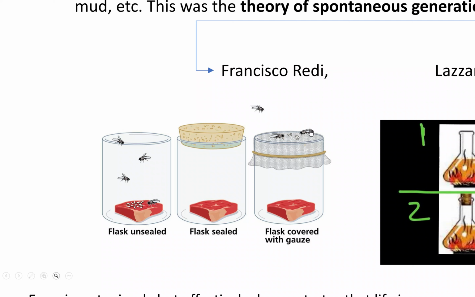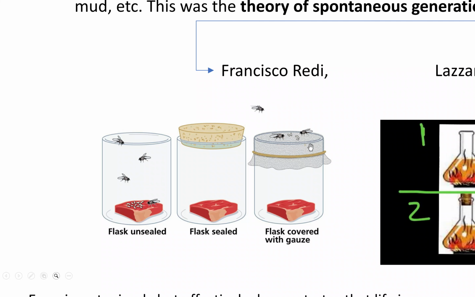If this jar is covered with a gauze, there is no direct contact, but still the flies can come when the meat starts to rot, because it is in contact with air. It will start to rot and the smell will go out.